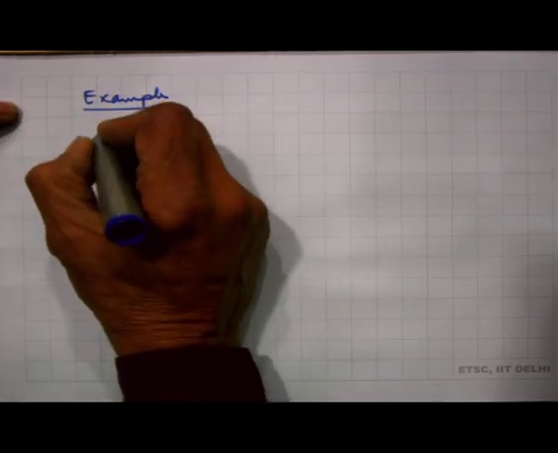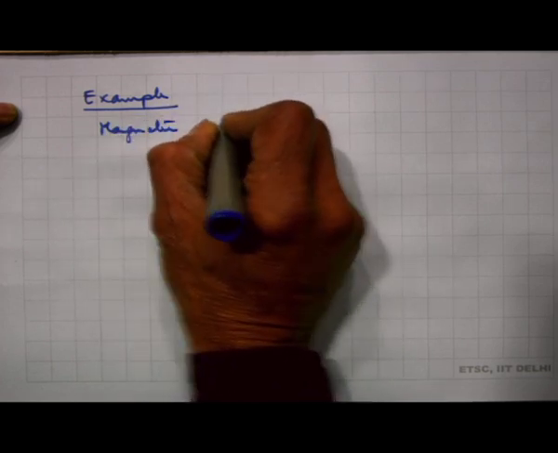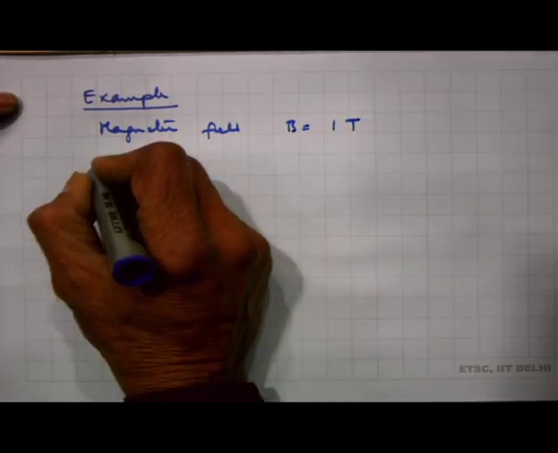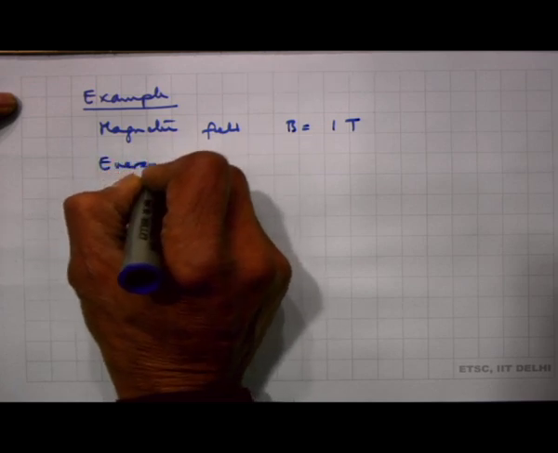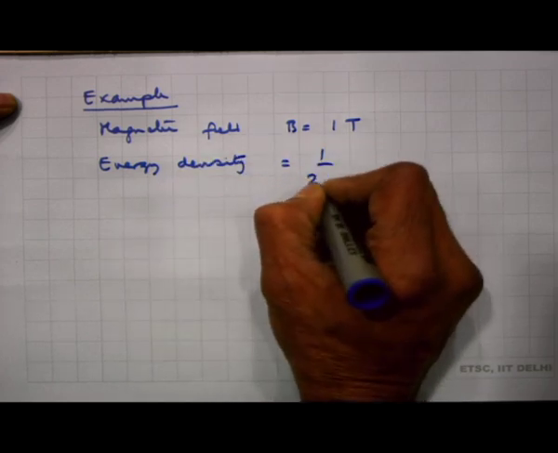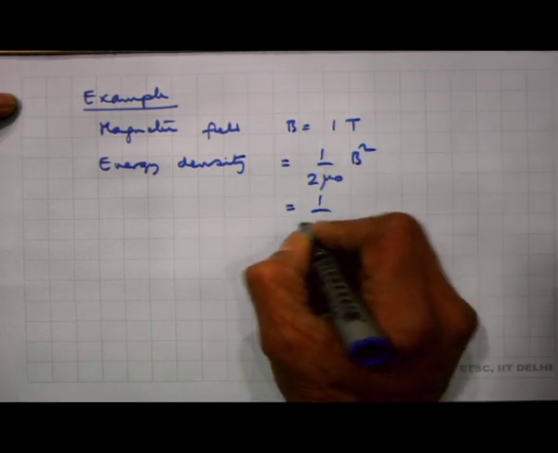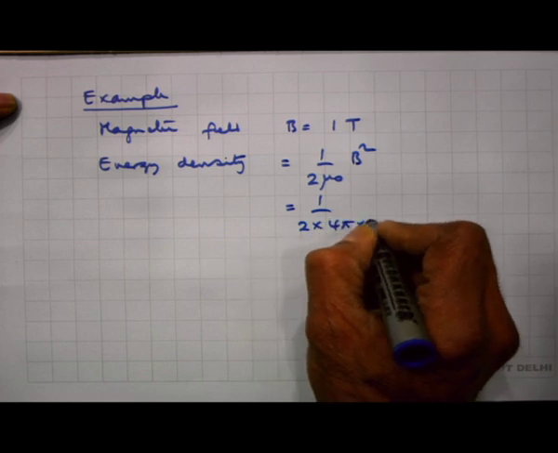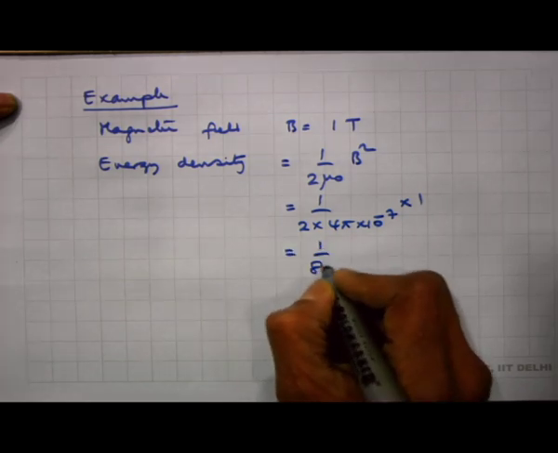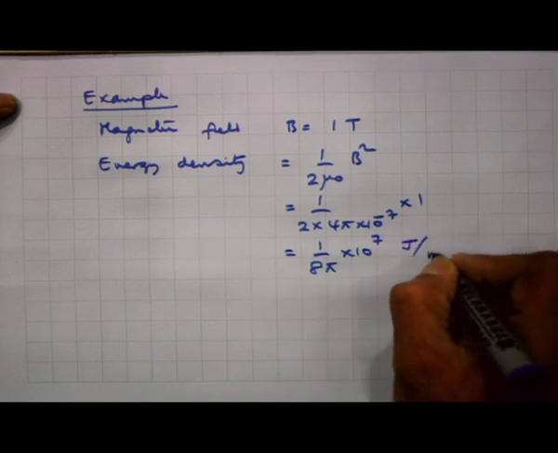So, suppose I have a magnetic field B of 1 Tesla, then the energy density, which is equal to 1 by 2 mu naught B square, is equal to 1 by 2 times 4 pi 10 to the minus 7 into 1, which is equal to 1 by 8 pi 10 to the power 7 joules per meter cube.